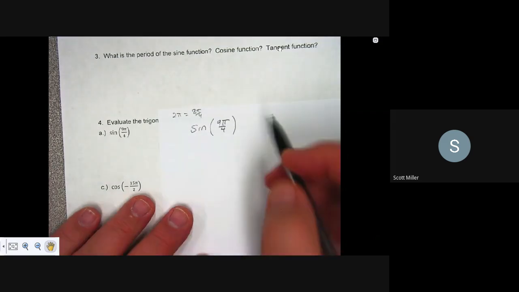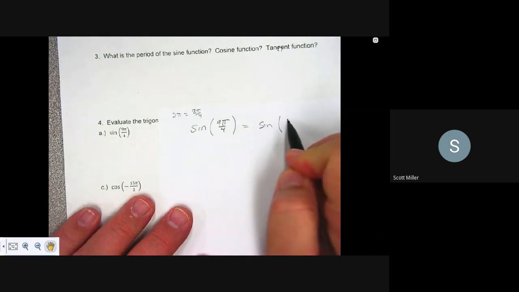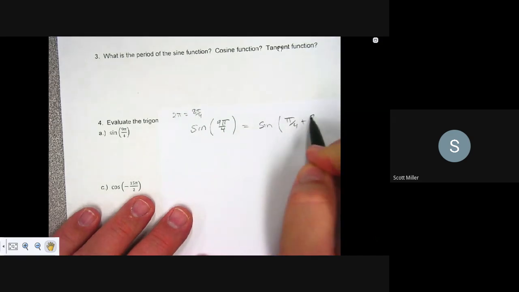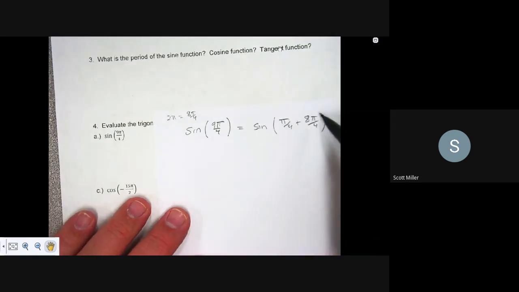Knowing that, we can break this down into the sine of pi over 4 plus 8 pi over 4. That's 9, correct? 1 plus 8 is 9. And what you're seeing here is that's the period right there. So this is equivalent to the sine of pi over 4.